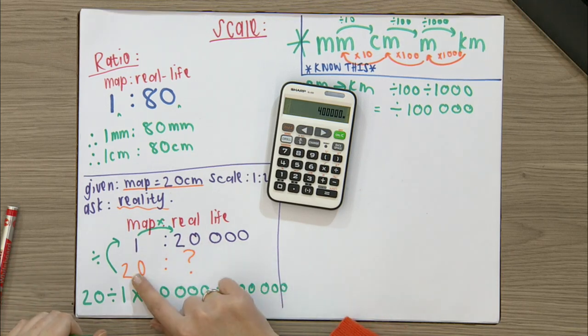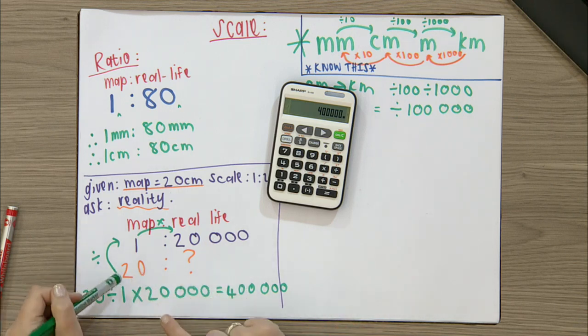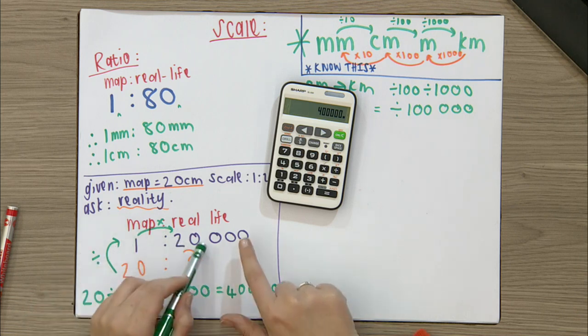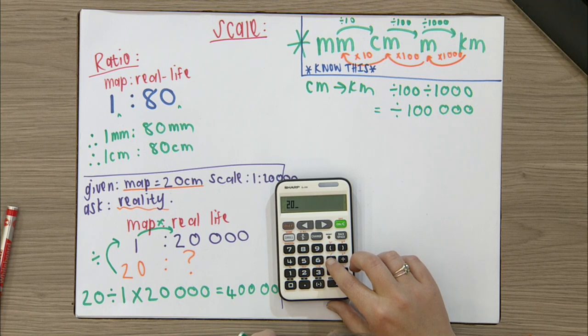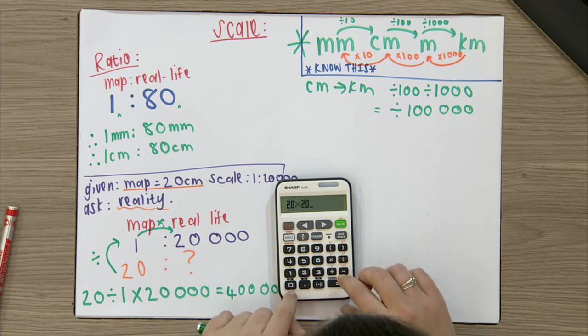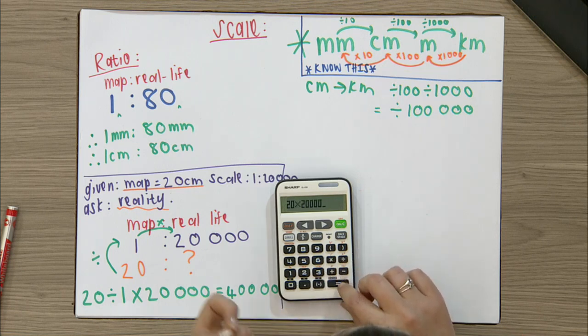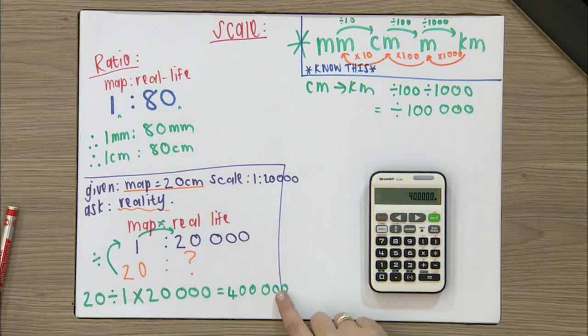So 20 units on the map will be equal to how many units in real life? So 20 divided by 1 times the 20,000. So the scale factor gave me 400,000.